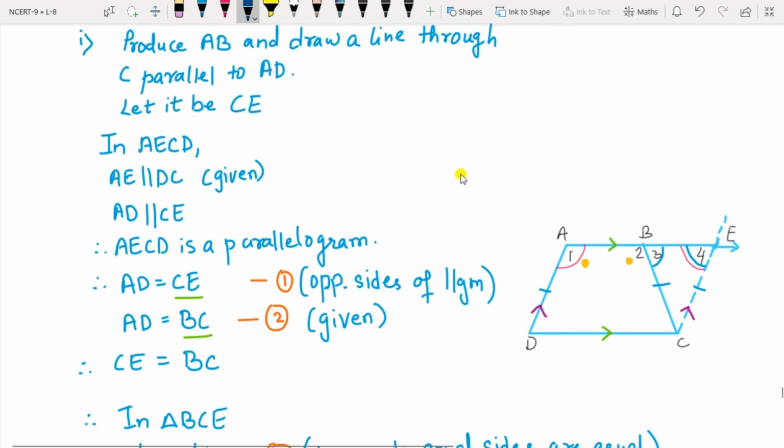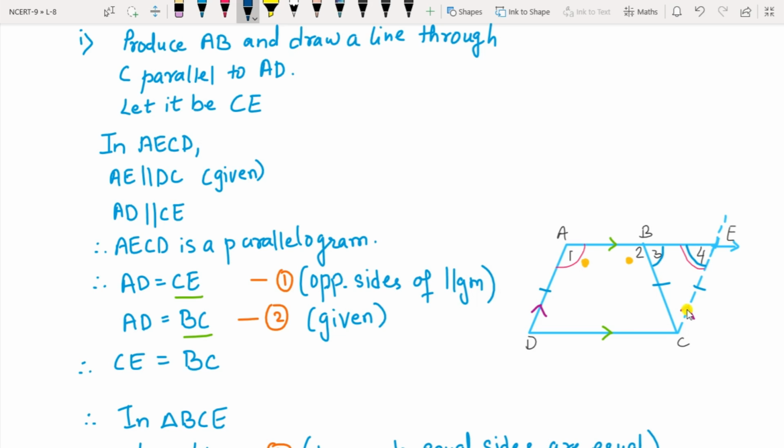Okay, so for that you have to draw the figure in such a way that you extend AB to E and draw CE so that it cuts at a point E. So let this be CE now and this is AE. So AECD is a parallelogram and therefore AE will be parallel to CD, okay, and AD will be parallel to CE.